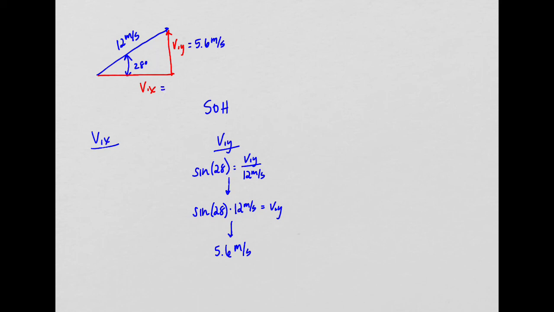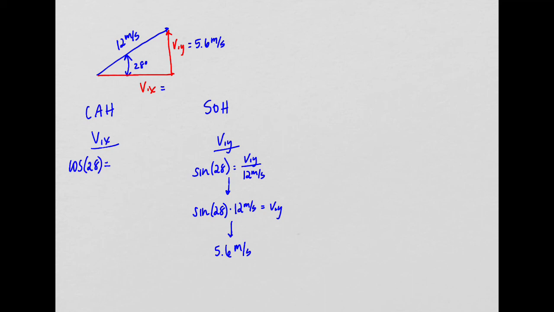Now let's do VIX. We're going to use cosine, COA, which is cosine of 28 is equal to the opposite. Whoops, I did that wrong, sorry. I wrote COA instead of CAH.